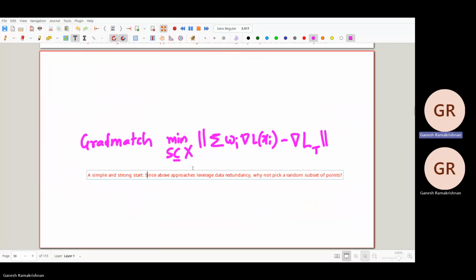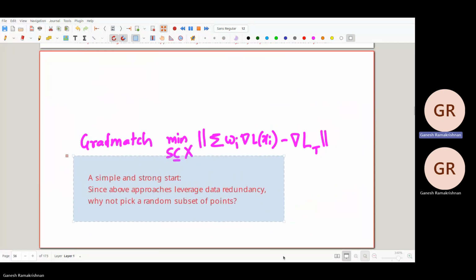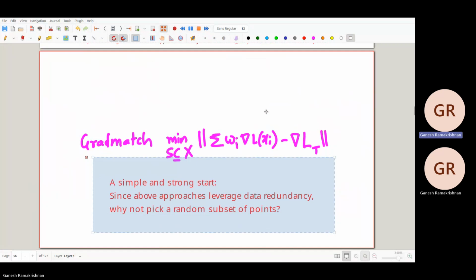All the above approaches leverage data redundancy. So then why not pick a random subset? Whether it's curriculum, whether it's Crust, whether it's points far away, I think the key here is that some subset is going to help. So the starting point is, let's start with a random subset and analyze.